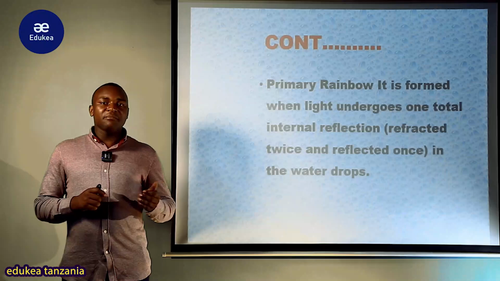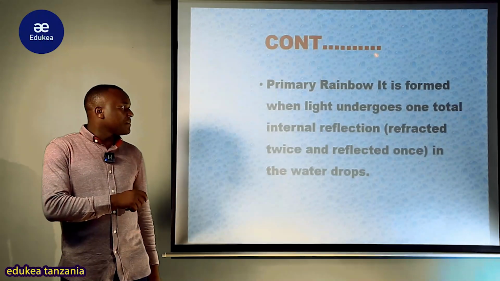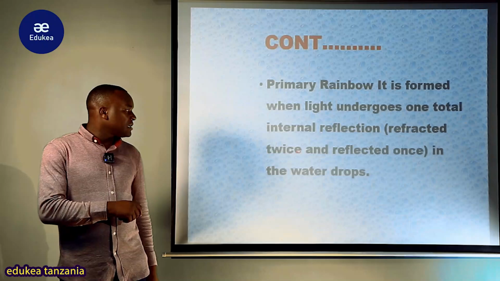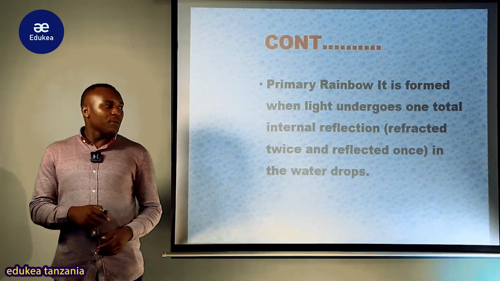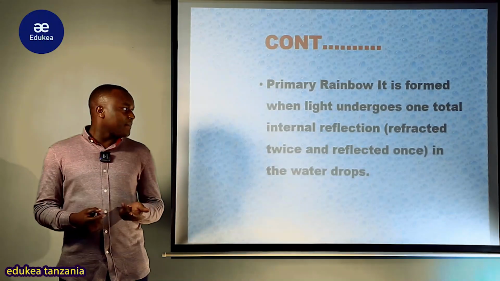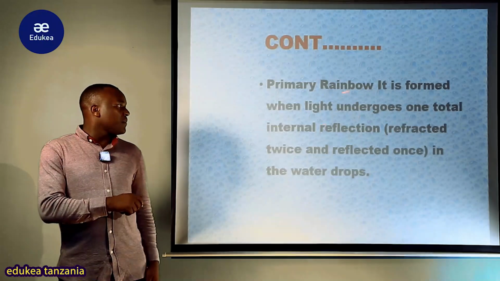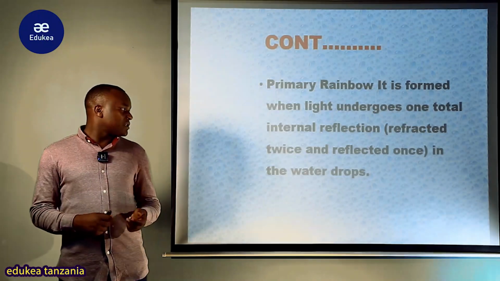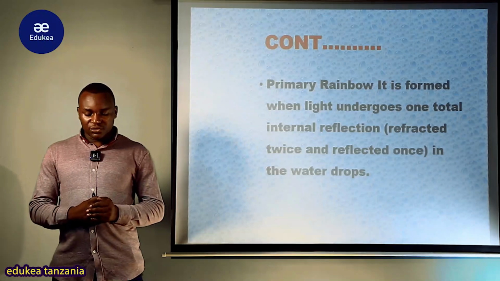So it is refracted twice and reflected once in the water drop. That is why we say there is total internal reflection of the white light in the water drop.